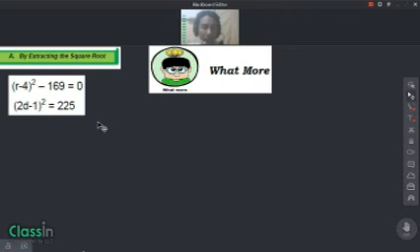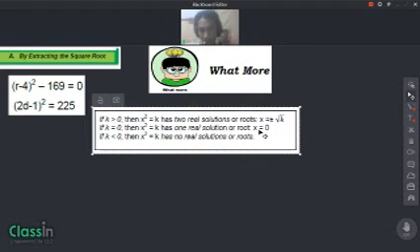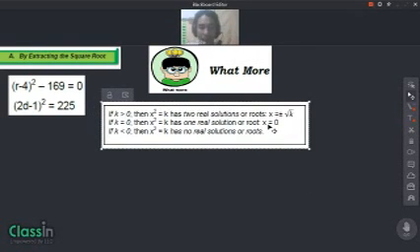In the previous section of this self-learning module, you learned that a quadratic equation can be solved by extracting the square root if it is in the form x squared equals k. Okay, so this is our guide for determining the number of real solutions or roots of quadratic equations.